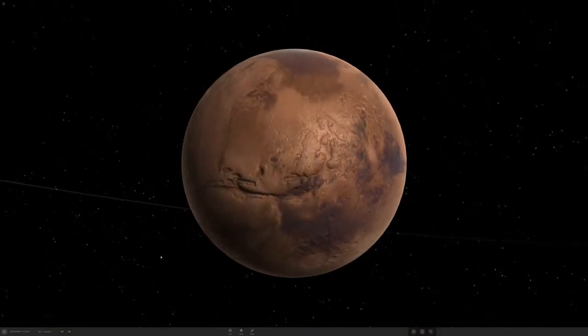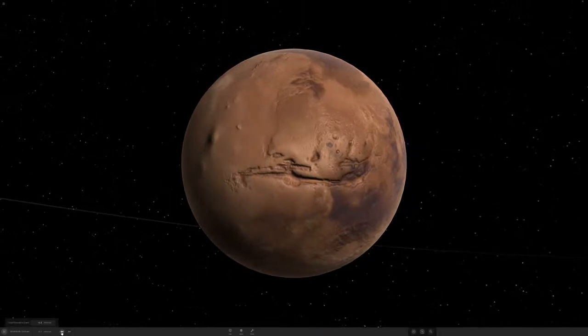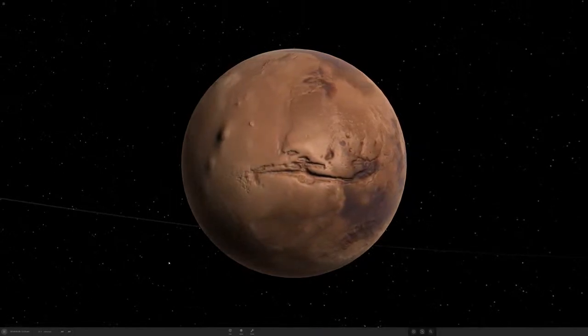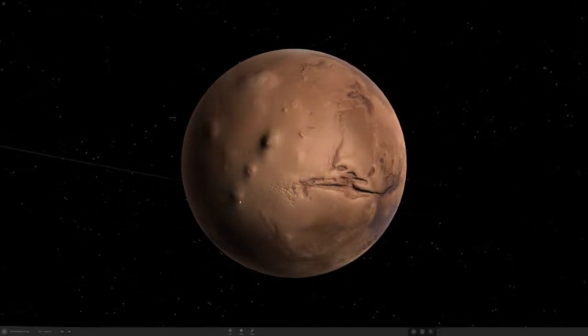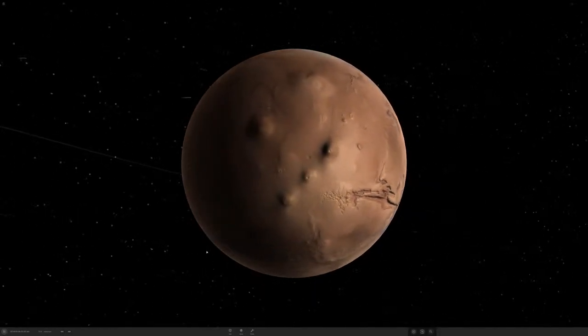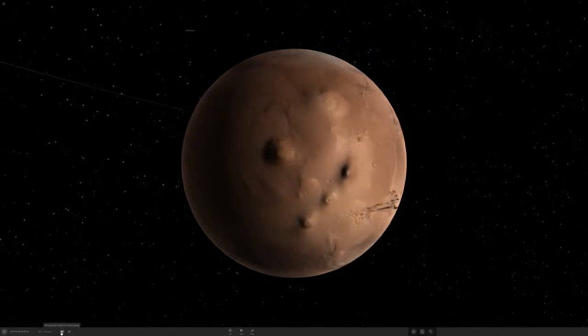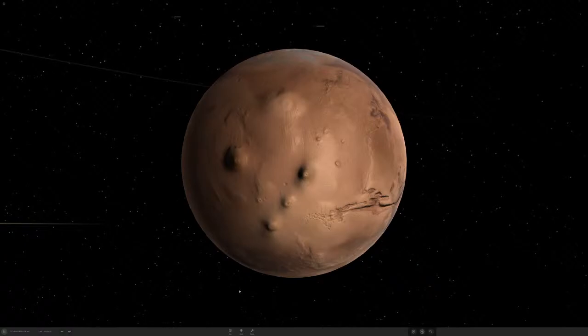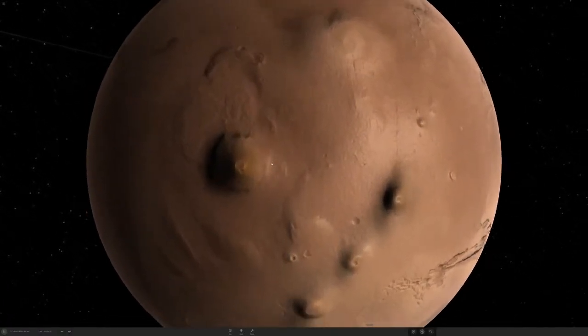There's Valles Marineris, Mariner Valley, a huge crevice along the surface, which would stretch across the United States. There are the Tharsis Montes, the shield volcanoes we see in the picture, and as you can see here, there's Olympus Mons, Mount Olympus, 400 miles, about 800 kilometers, give or take, 850 kilometers in size.